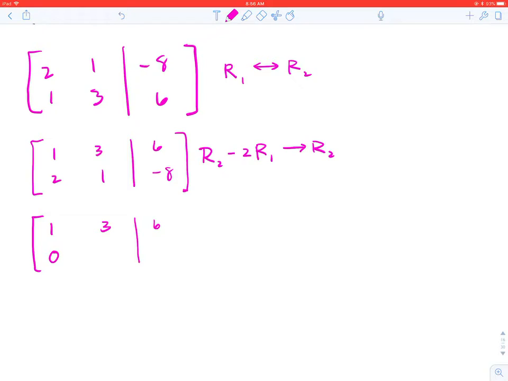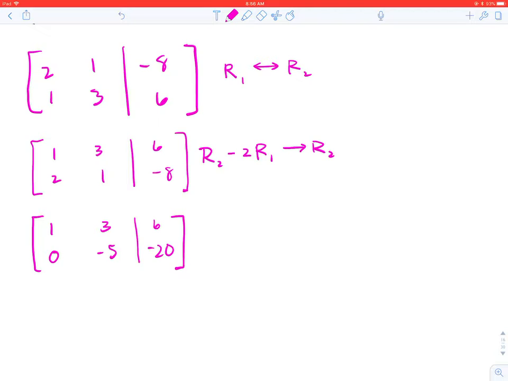And then for the next element, row 2, column 2, that's going to be 1 minus 2 times 3. So 1 minus 6 will give us negative 5. And then negative 8 minus 2 times 6, that will be negative 20. Okay, so we're almost there.